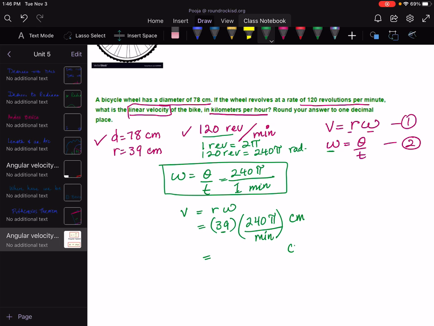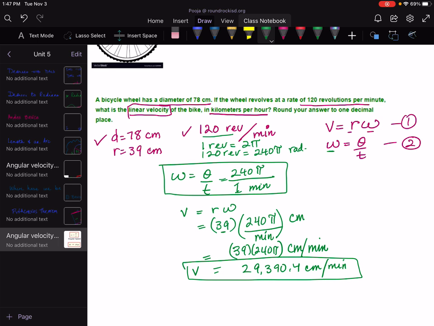Separating the units, it's centimeters per minute, and it's 39 times 240 pi. That turns out to be 29390.4 centimeters per minute. That is the linear speed.